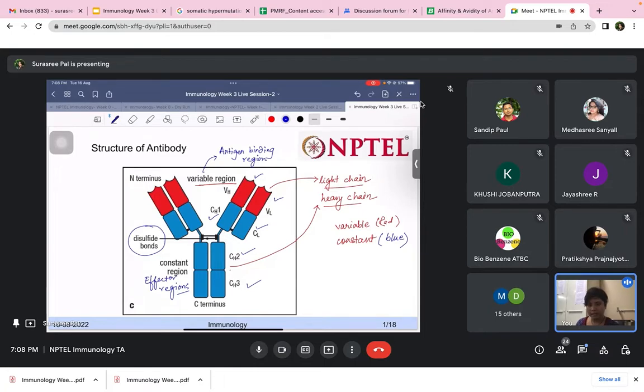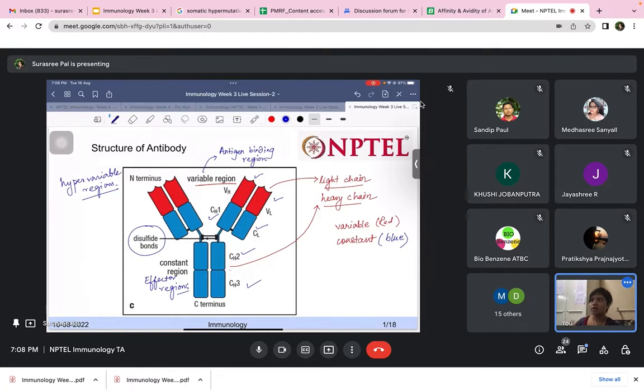Now the variable region actually has some hypervariable regions as well. What does it mean? First of all, the variable region is the region which actually varies. That is why it is called variable, right?